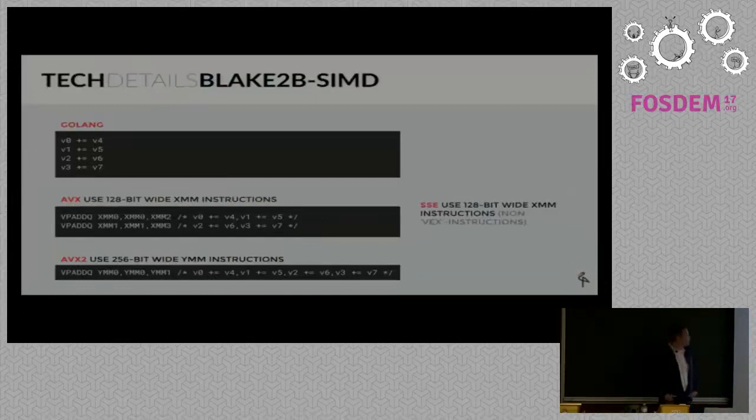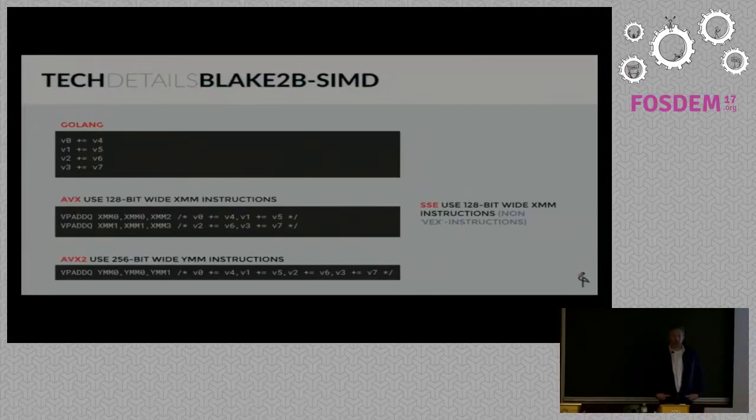If you look a little bit closer at how it works, the top line is a very small portion of all the computations that are happening as part of the Blake2B hashing. There are basically 4 additions there, and these are on 64-bit integers. If you look at the AVX capabilities for the Intel platform, you can work with 128-bit wide registers.